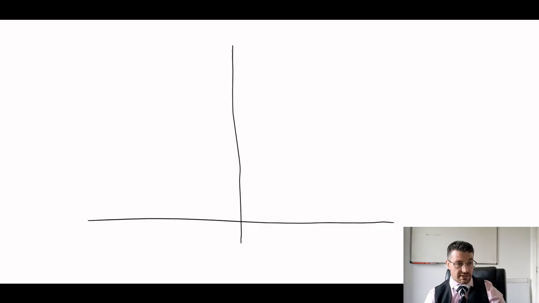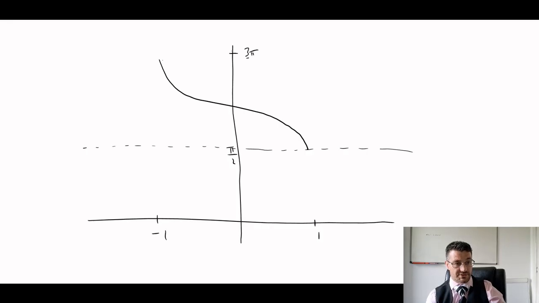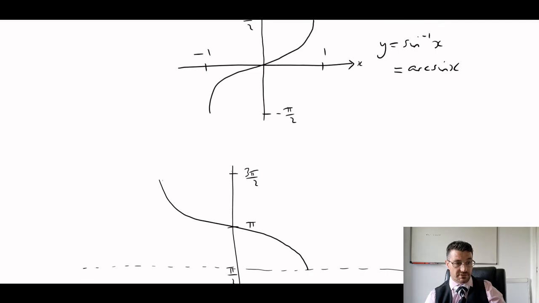We're going to have pi by 2 here, and then the graph is going to look something like that. So this is 1. This is minus 1. This is 3 pi by 2. And this is pi.